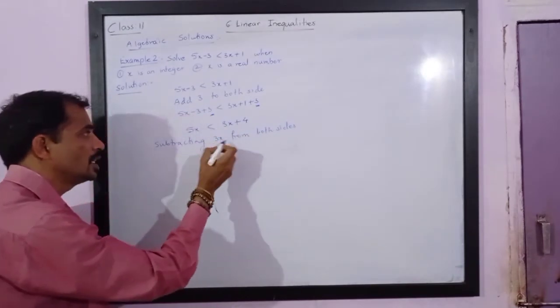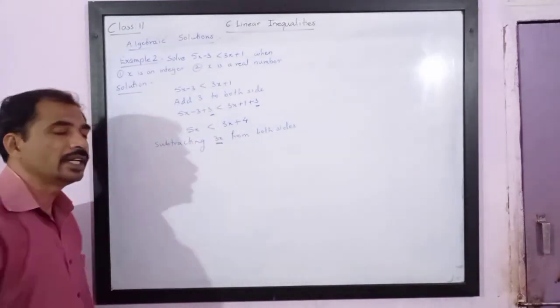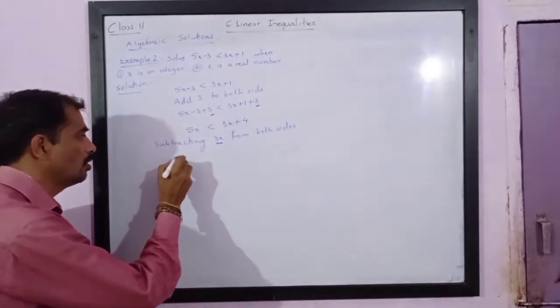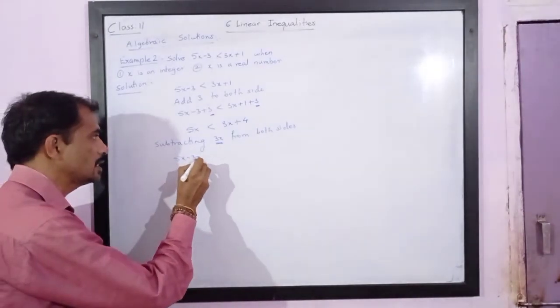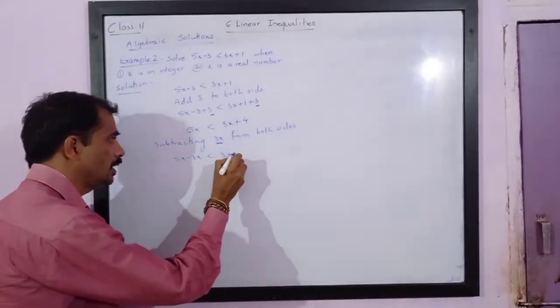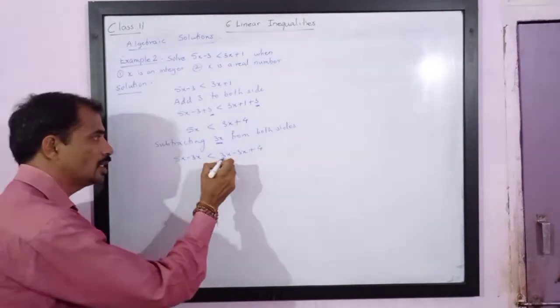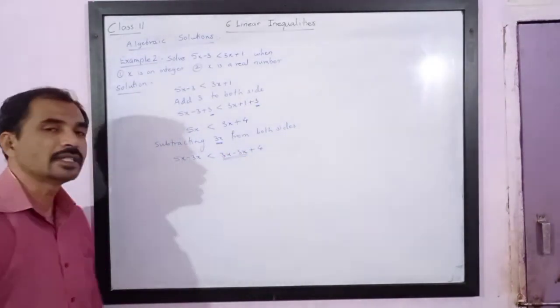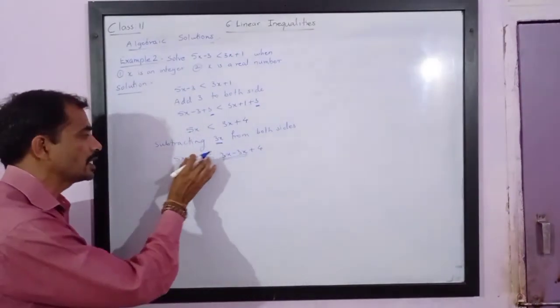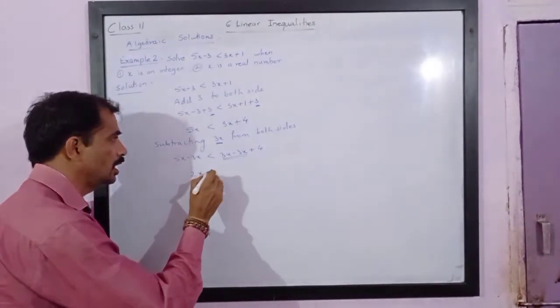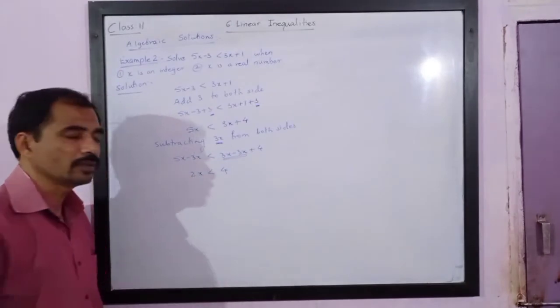Please remember, since it is positive, the inequality does not change. So you will get 5x minus 3x is less than 3x minus 3x plus 4 as it is. So this will get eliminated. 3x minus 3x is 0. Here we will get 5x minus 3x, which is 2x, is less than 4.